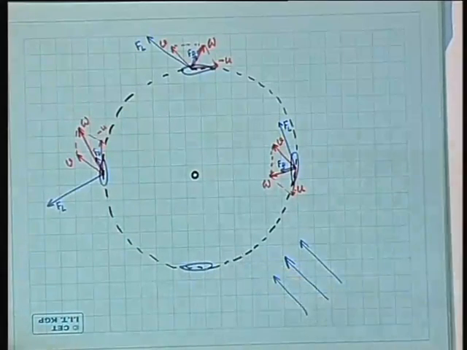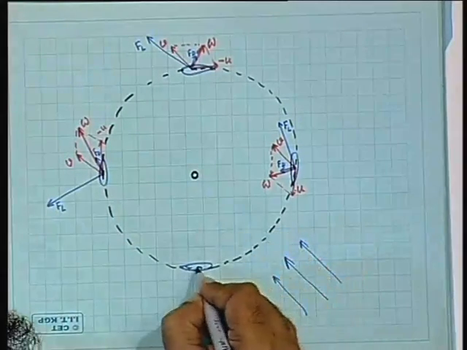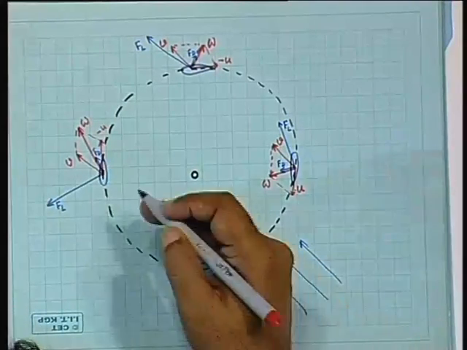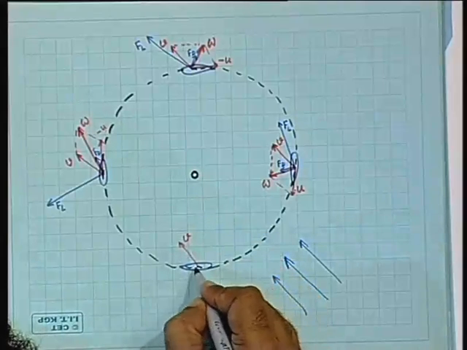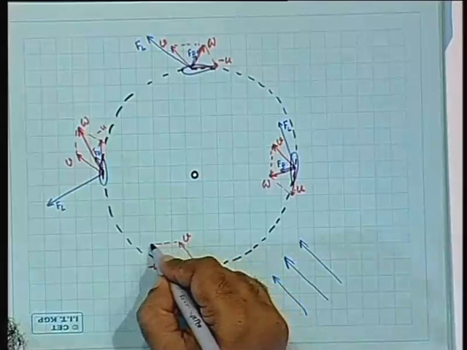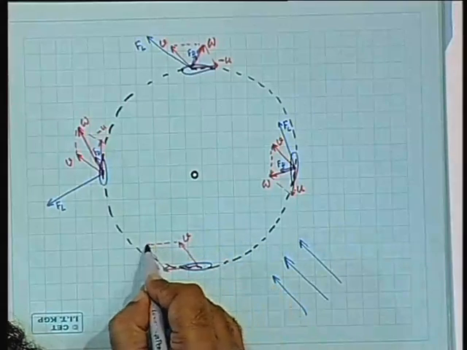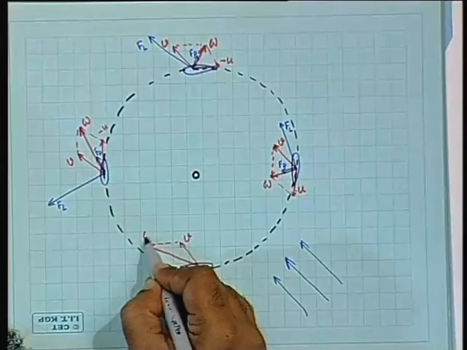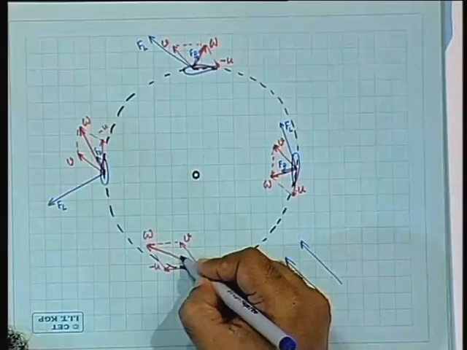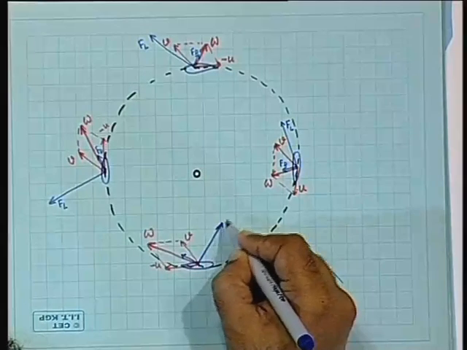Come here. Here you have the direction of the wind velocity, V, and here is minus U, and therefore this is the direction of W. Again you have the Fd like this and Fl like that.